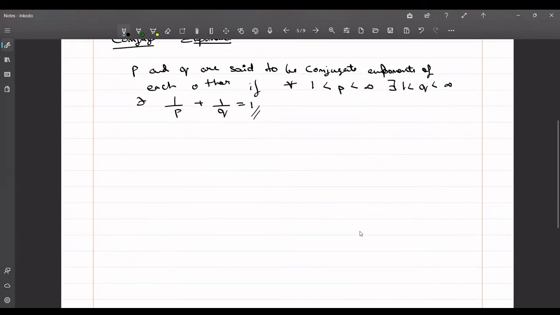Okay, p and q are called the conjugate exponents. A very trivial example of two conjugate exponents is p equals 2 and q equals 2. This is called the symmetric conjugate exponents.